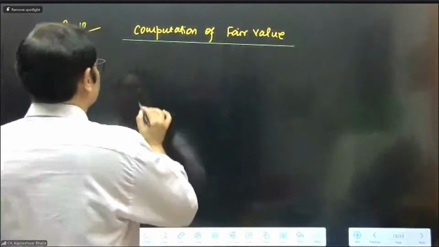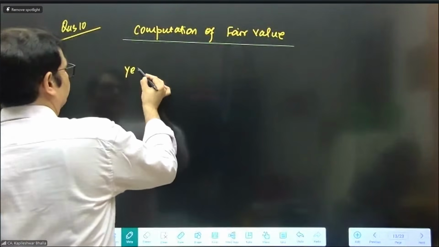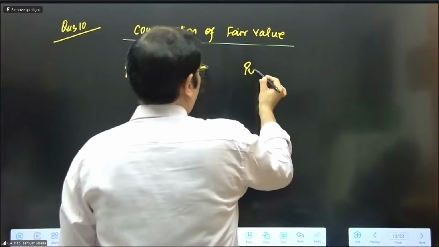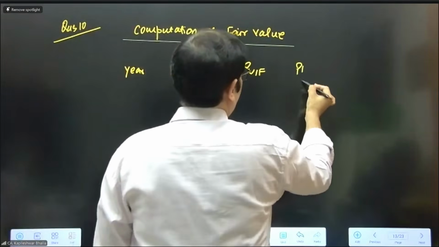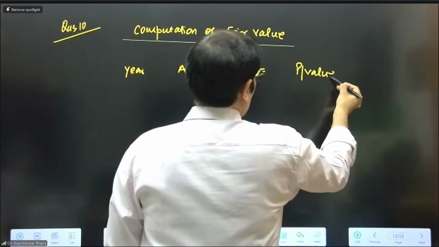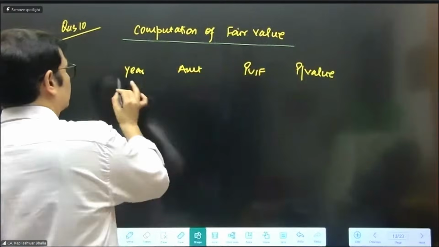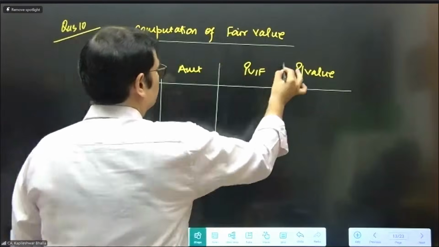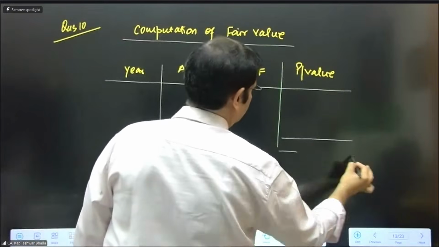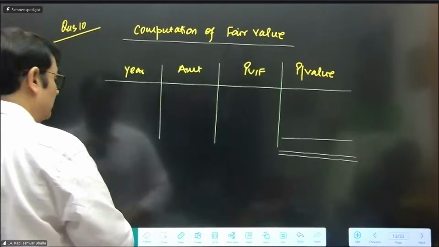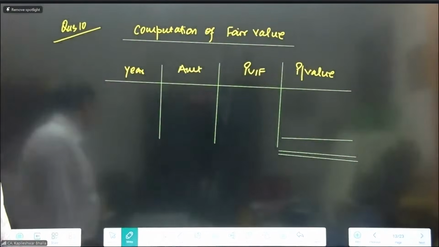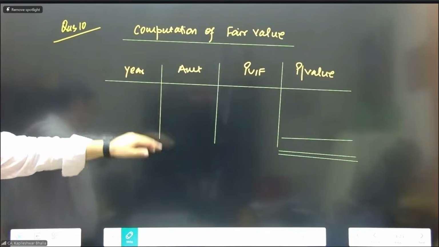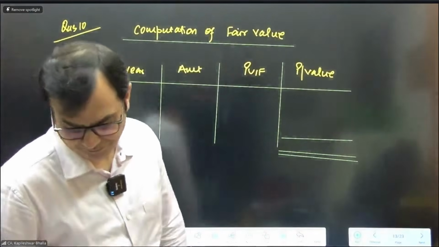So for the computation of fair value, same kind of data. We've got year, amount, the present value factor, and the present value. So as a parent, he's getting no dividends, just the repayment of the principal, which will occur at the end. So we're just going to organize the collection of the principal money.